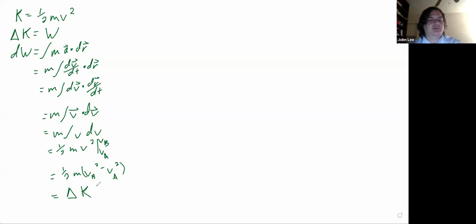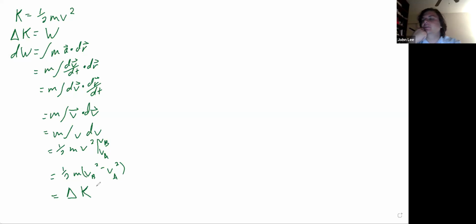By setting this equal to the work that we found earlier, from gravitational energy or from the force done by a spring, we can solve for the velocity as a function of the space or the path that was taken.